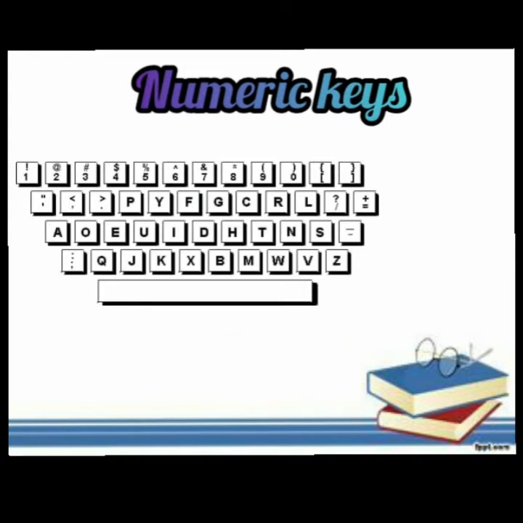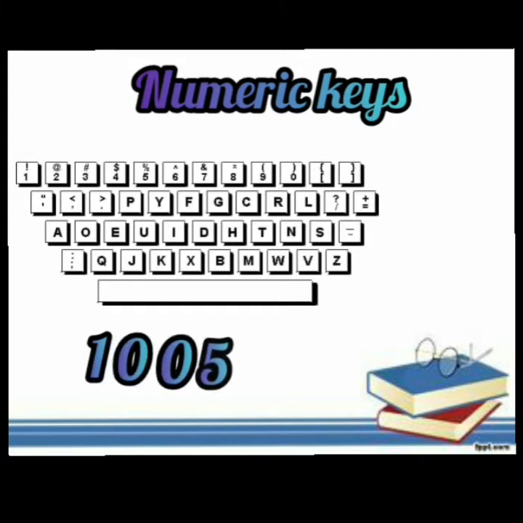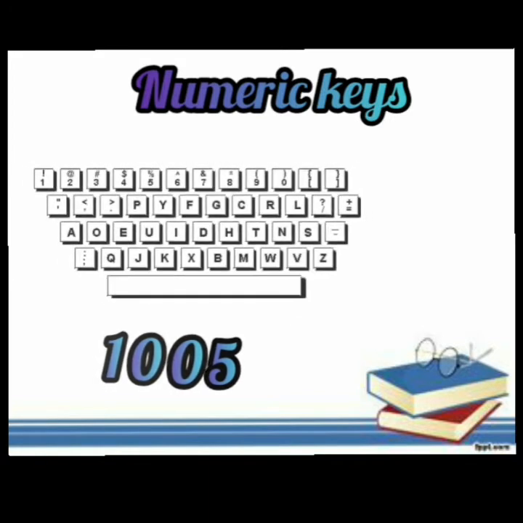To type any number, press the number key as required. For example, if you want to type the number 1005, then press numbers 1, 0, 0 and 5, one after the other. The number 1005 will appear on the screen.